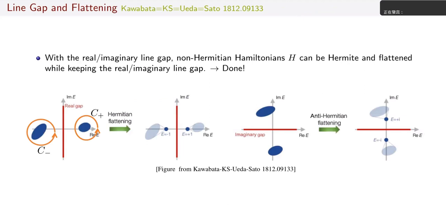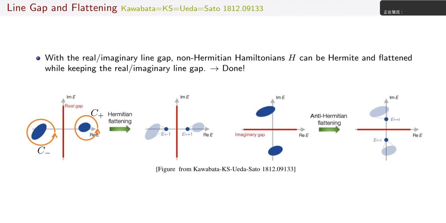Here I consider a real or imaginary line gap. With a real or imaginary line gap, the Hamiltonian can be made Hermitian while keeping the line gap.